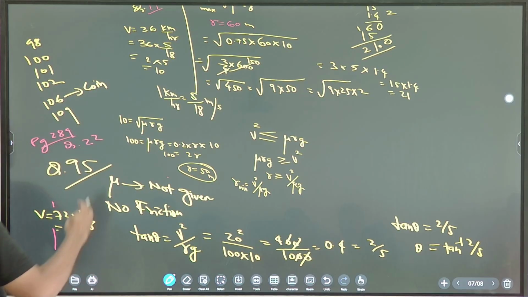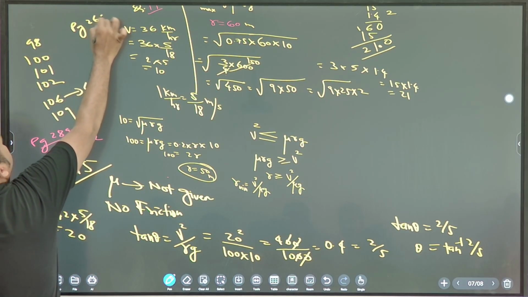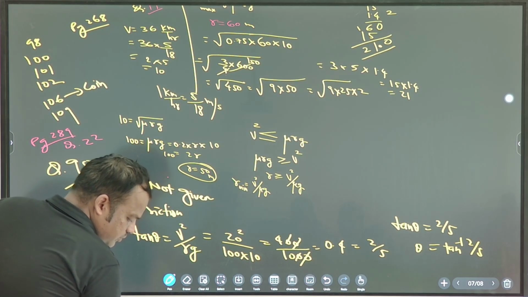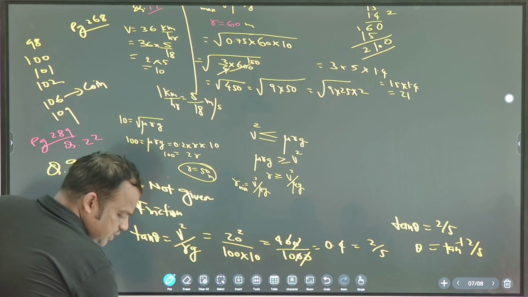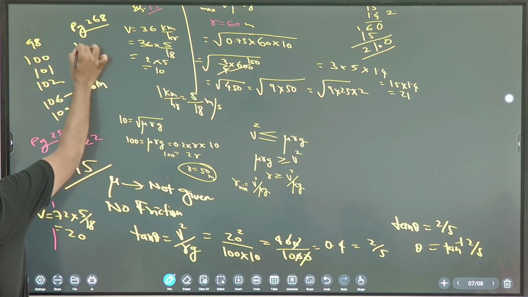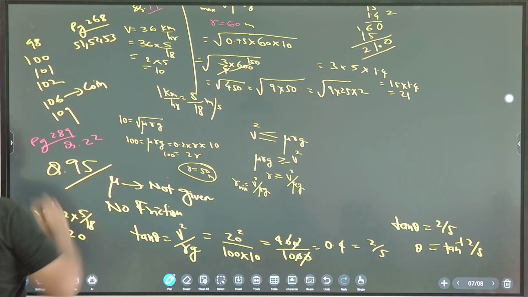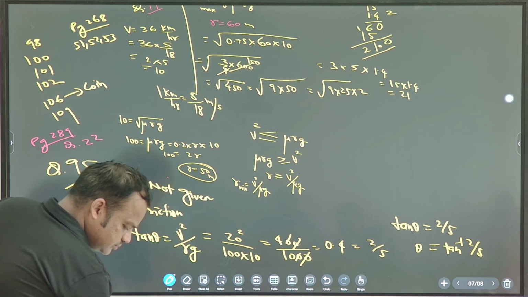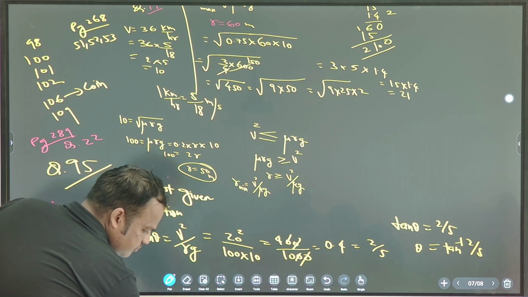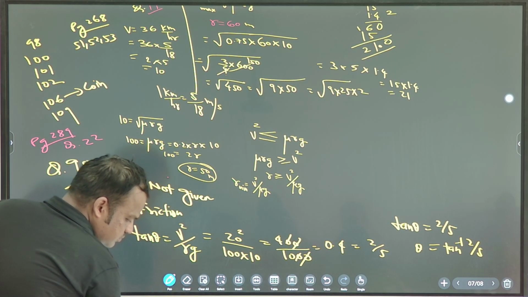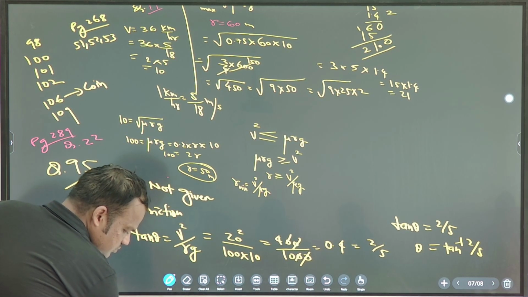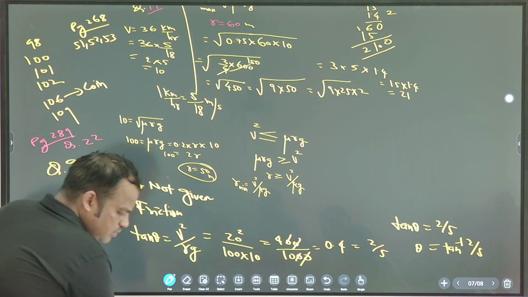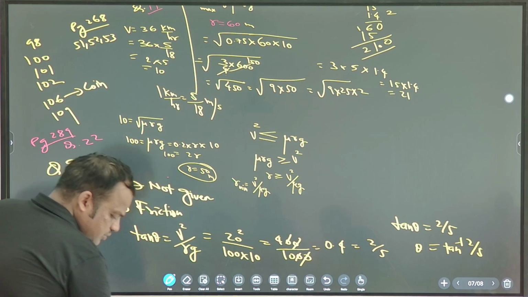Page 268, solved examples are there: 51, 52, 53. Then the step up exercise is there. Page 272, 11, 12.